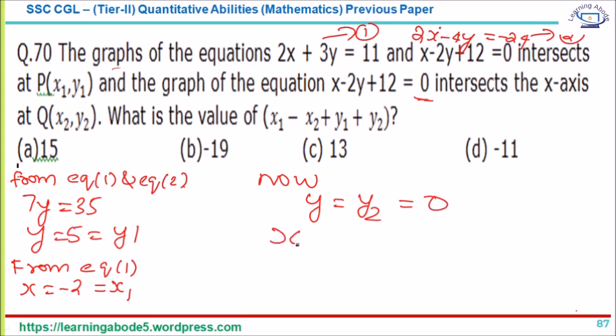In that case x minus 0 plus 12 equal to 0, so your x is equal to minus 12, that is x2. Now what we are supposed to find out is x1 minus x2 plus y1 plus y2. Now x1 we got, it is minus 2. Now x2 is minus 12. So minus of minus 12, plus y1 is 5 and y2 is 0.